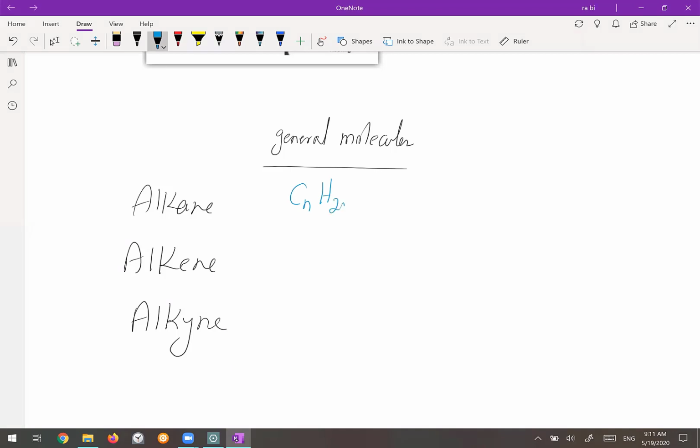CnH2n plus 2. For alkene, it was CnH2n. For alkyne, it was CnH2n minus 2. For example, if the alkane had 6 carbon, its molecular formula is C6H, 2 times 6 becomes 12, plus 2 becomes 14.